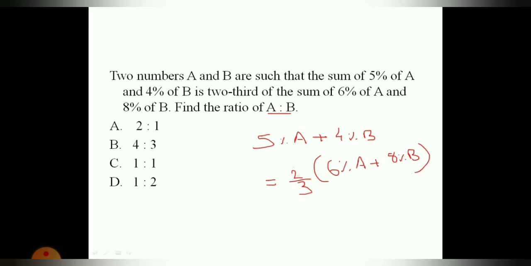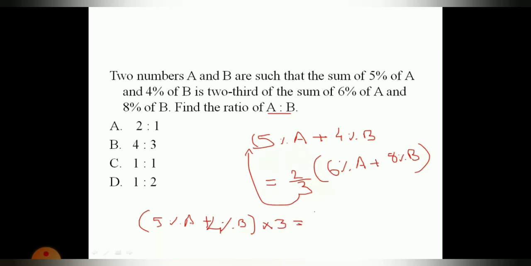So we can take this 3 and cross multiply: 3 into 5% of A plus 4% of B. The 3 came from the right side, right?